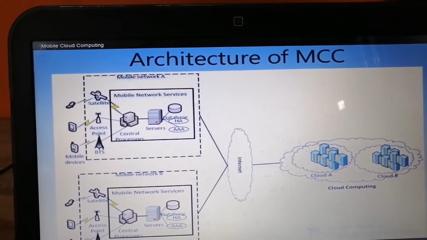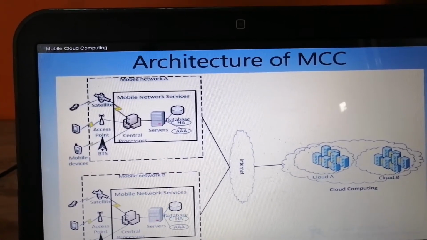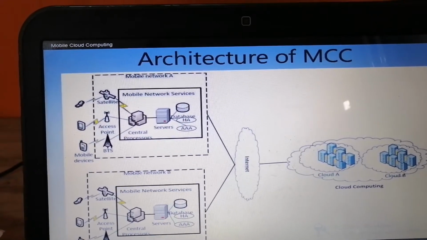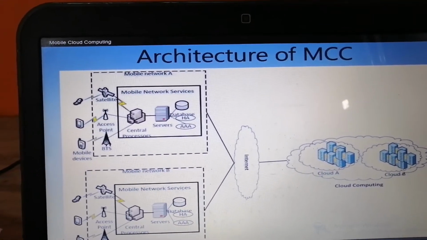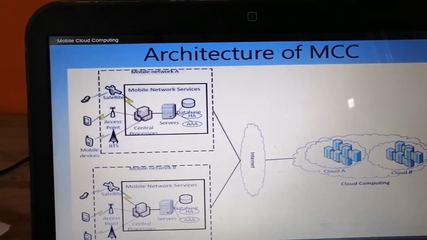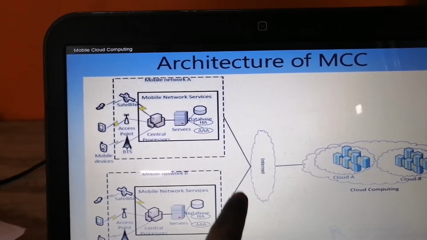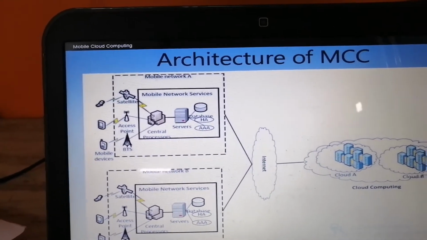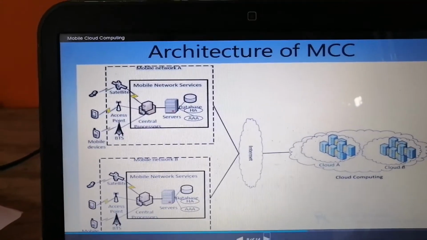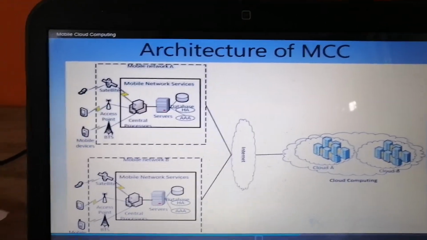The data center consists of a number of servers, and on those servers the data is kept. This cloud computing is connected to the mobile network by using the internet. The internet is the only thing able to connect the cloud service provider and the mobile devices. So this is the simple architecture of mobile cloud computing.